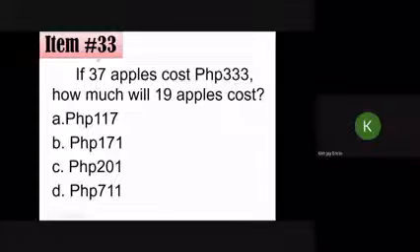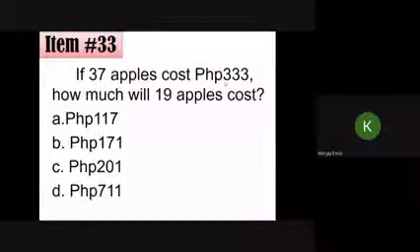This is also direct proportion because the more apples you buy, the higher the price. If you buy 37, you will pay 333. Since you are going to buy only 19, which is less than 37, we have to expect that the cost of these 19 apples will be lower than 333. This is direct proportion.